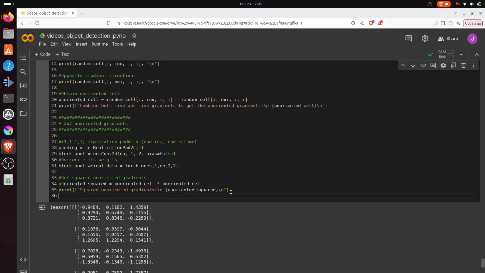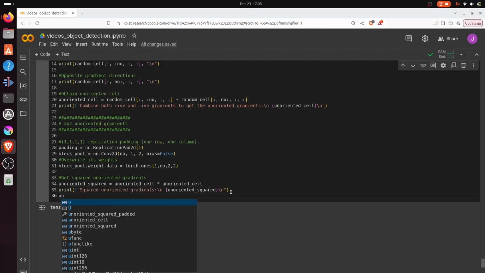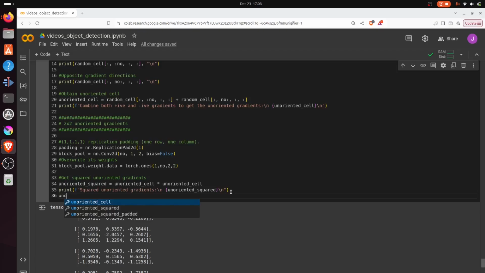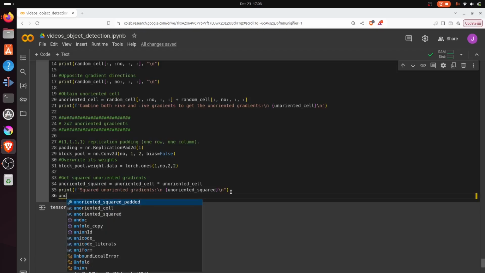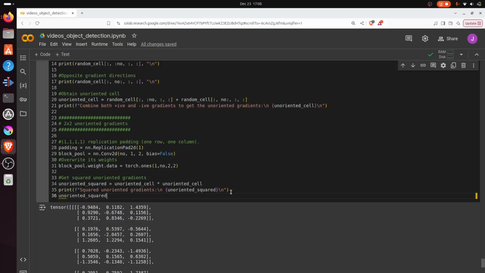So essentially what we're going to say is, okay, we now want to pad the unoriented squared, and I'm going to call it unoriented square padded. And now, how do we pad our unoriented squared cell?